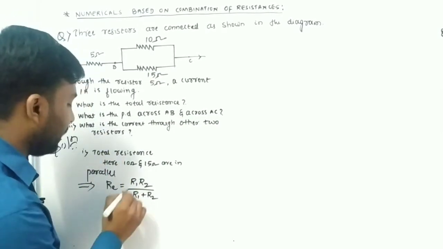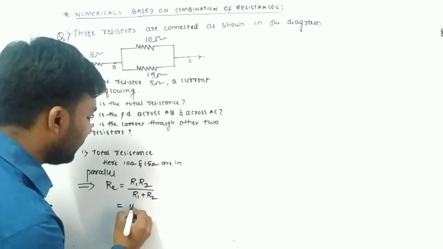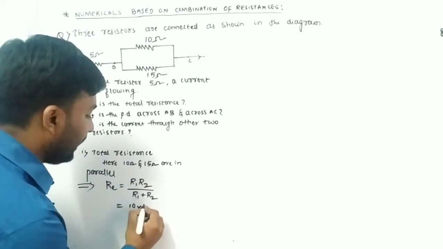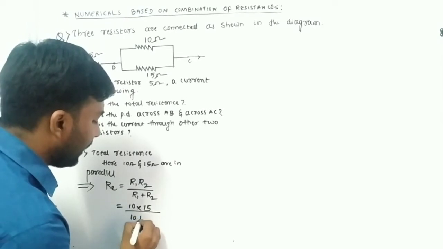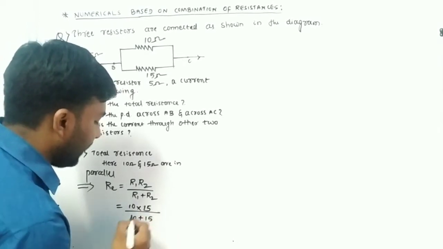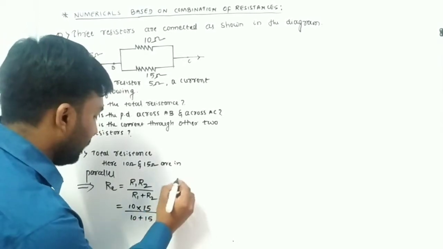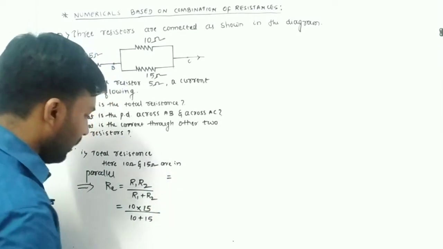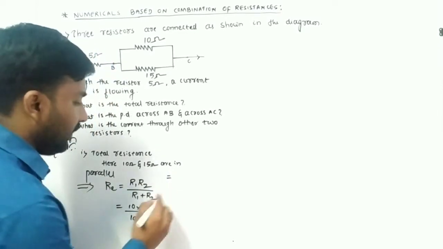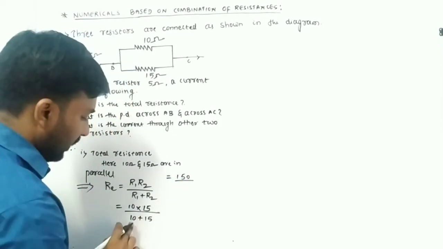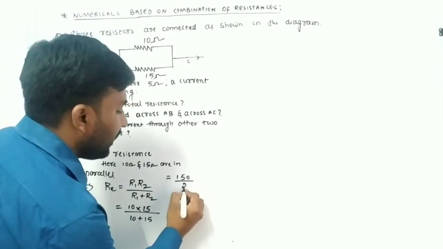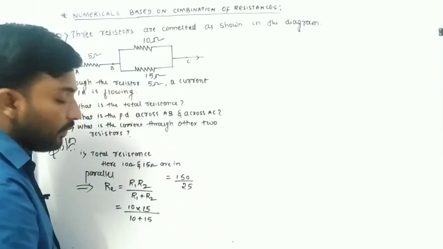This is equal to R1 it is 10, R2 it is 15, divided by R1 10 plus R2 15. This is equal to 10 into 15, it is 150, divided by 10 plus 15, it is 25.